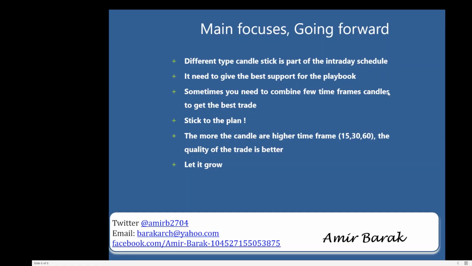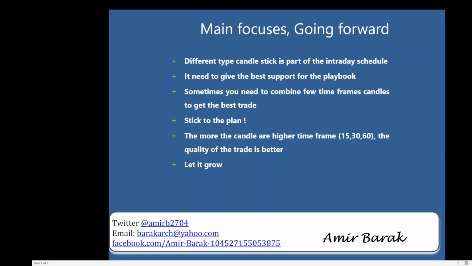So the main focus going forward: different time candlesticks are part of the intraday schedule. The more the schedule of the day is different, you're using different times, different candles. It needs to give the best support for the playbook, meaning if you don't see a good candle, but you think it's the right place, don't do it.